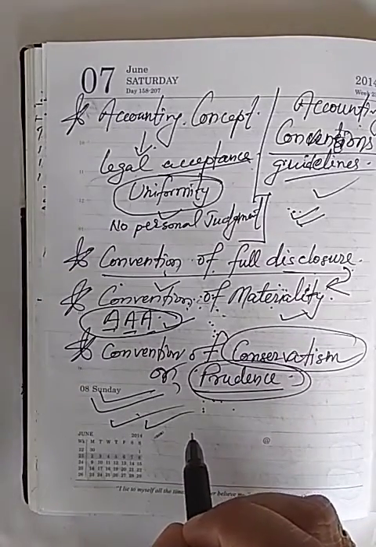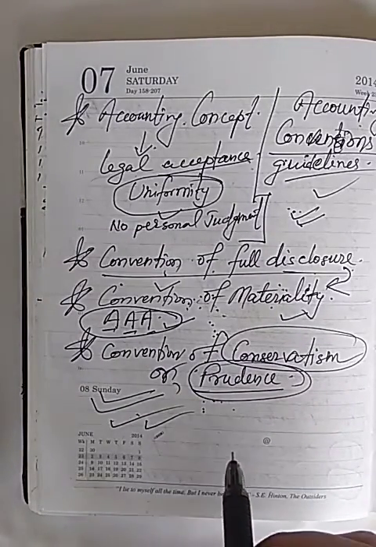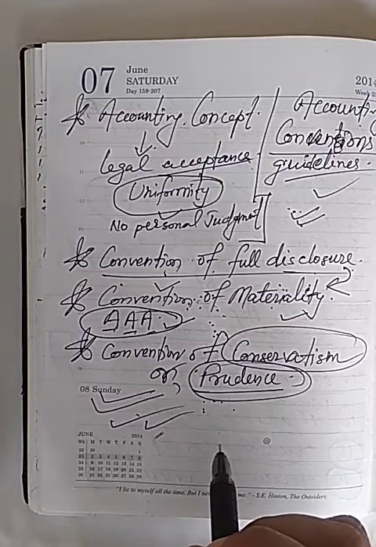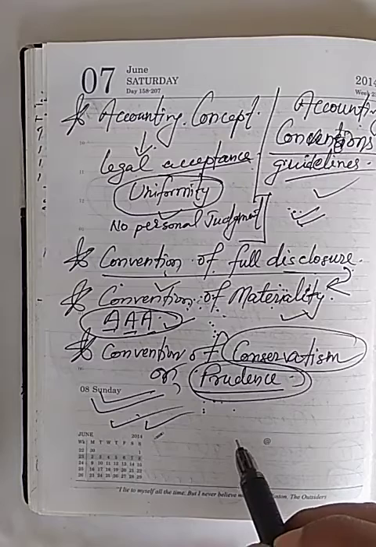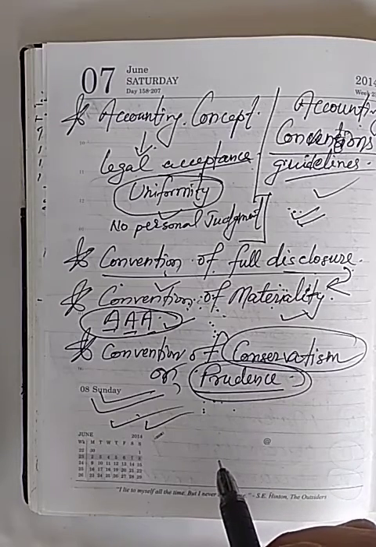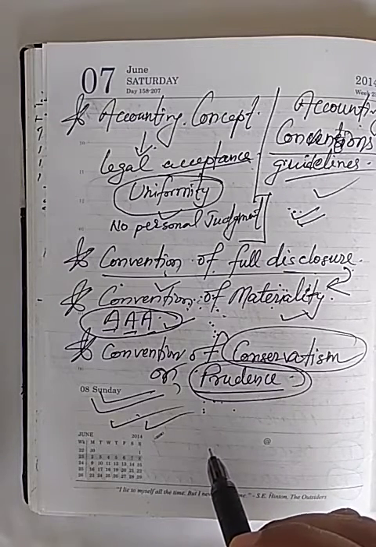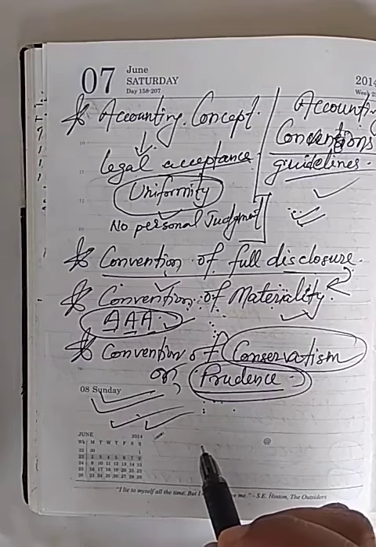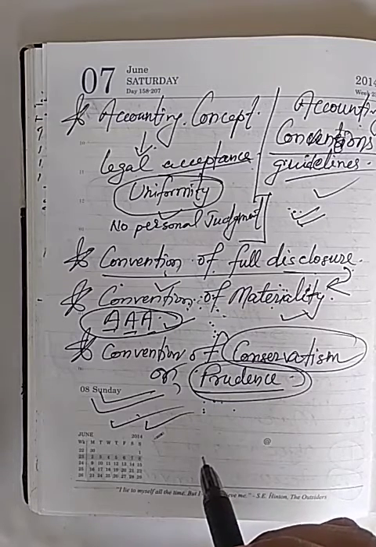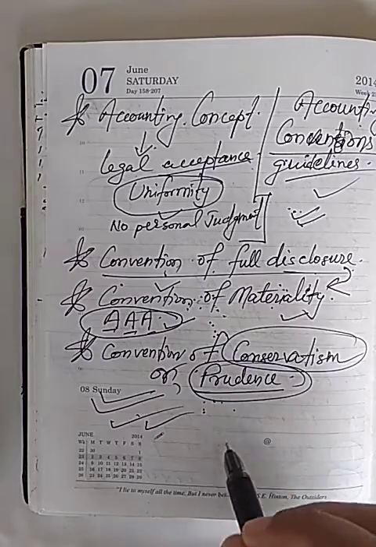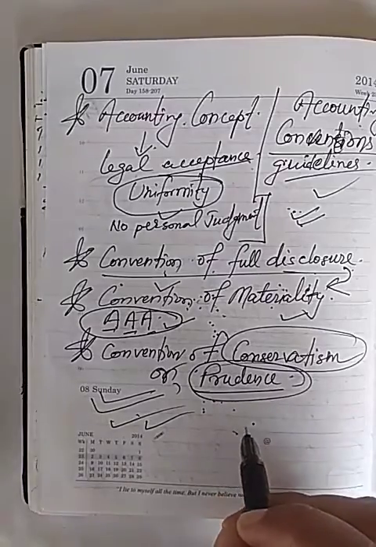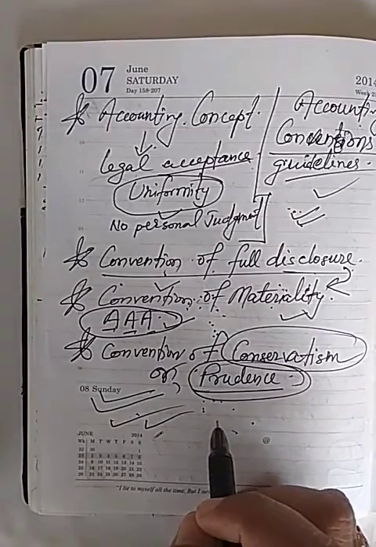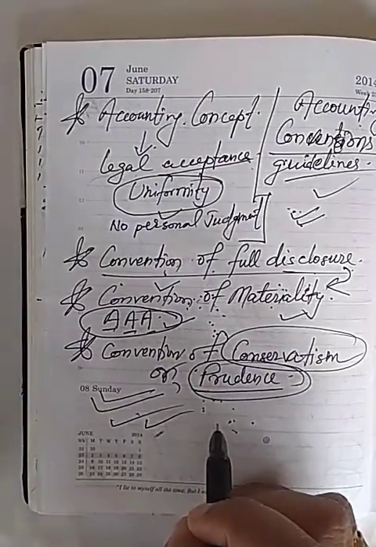That means anticipated losses must be recorded, but anticipated gain or income is not recorded. In other words, conservatism is the policy of playing safe.